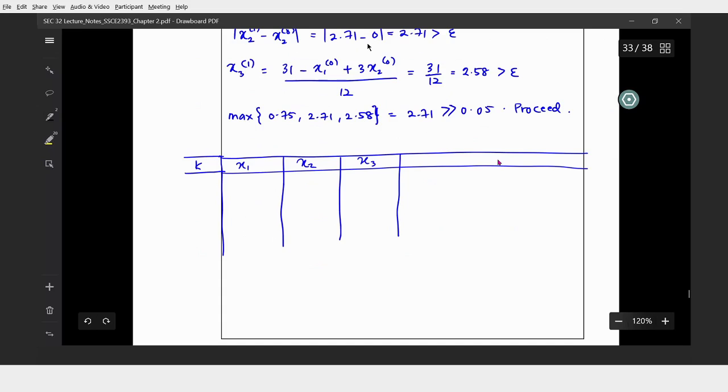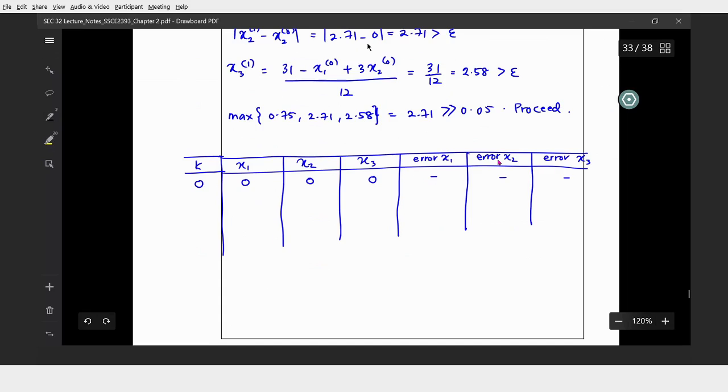Okay, so that I just put here error x1, error x2, or you can just have ex1, ex2, and ex3. So for the first iteration, always start with k equal to 0. So you put the initial that you have from the problem. So on the first line, you don't have the error yet.